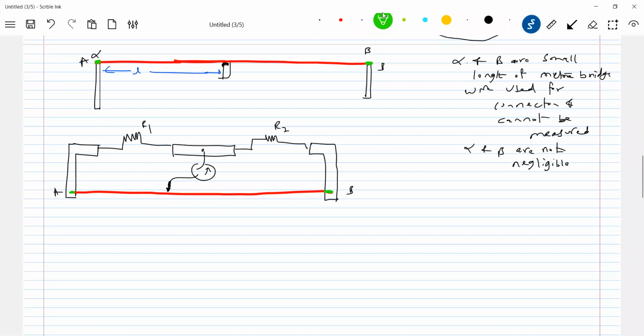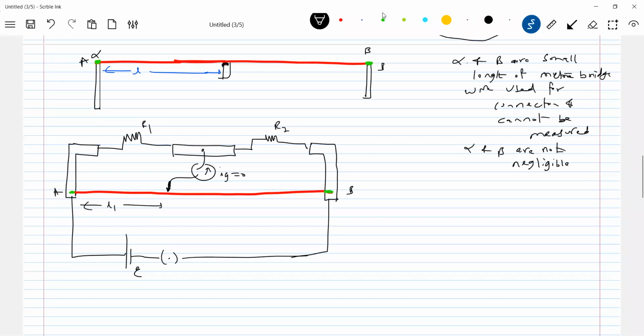Got it? Now let's derive a mathematical expression. I'll see that current through the galvanometer is 0 and the balancing length I'll obtain is L1.